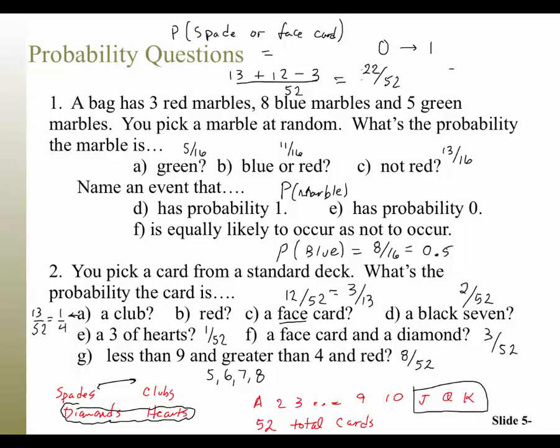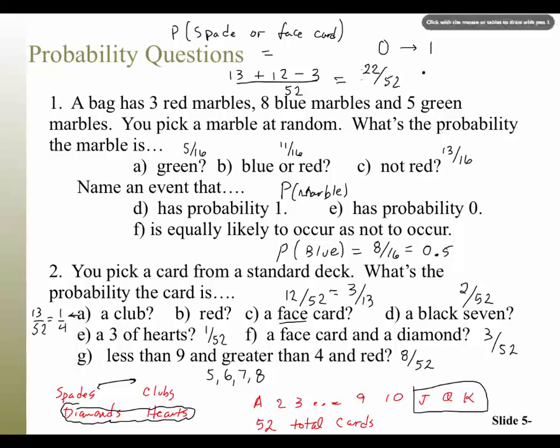So how about this? Is this event, a spade or a face card, more likely to occur or less likely to occur? Yeah, so it's less likely to occur than to not occur.